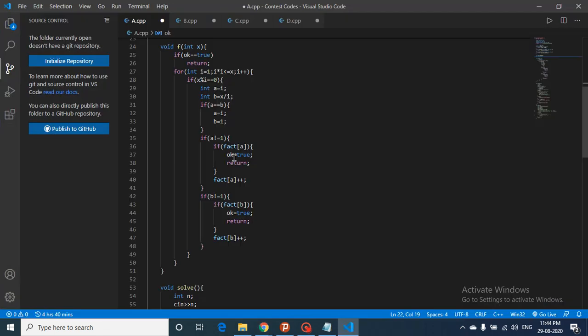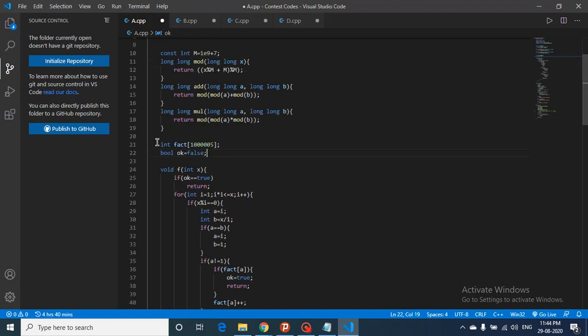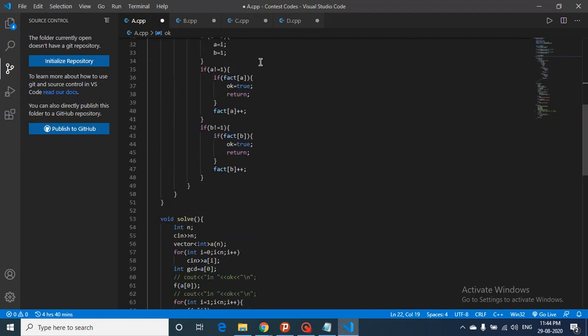So what I have done here is, we will only take the input of a and b if they are not equal to 1. If they are not equal to 1, we will check that this is one of the factors, and if this factor is present in this fact array, meaning it was also seen earlier, we will make ok true, that this factor is seen earlier, so this whole array will not form a pairwise co-prime series.